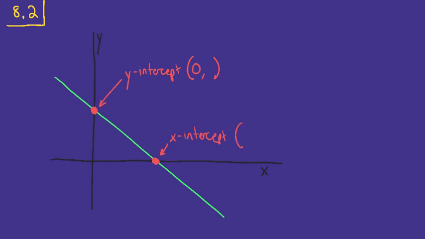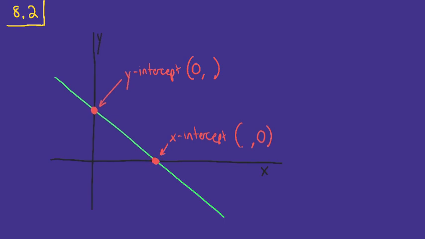On the x-intercept, it's a similar idea. We don't know how far over we've gone, which is the x-coordinate, but as far as up or down, we know we've gone up 0, down 0. So our y-coordinate would be 0. We don't know what the x-coordinate is, because we don't know how far over we've come.